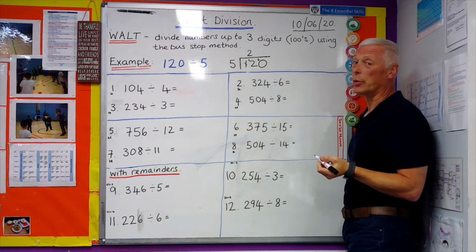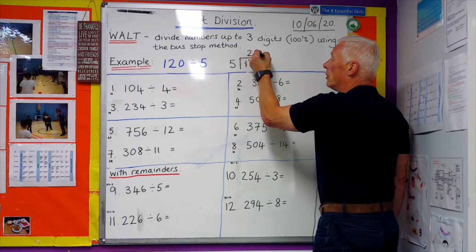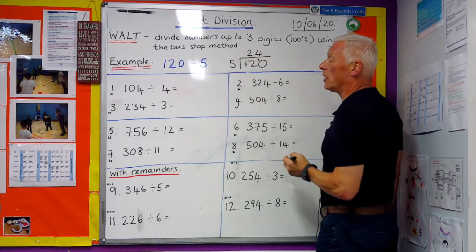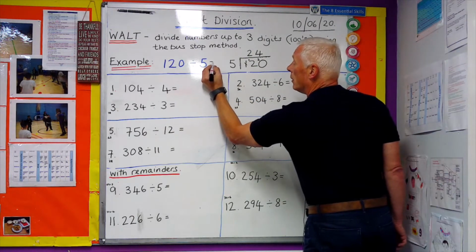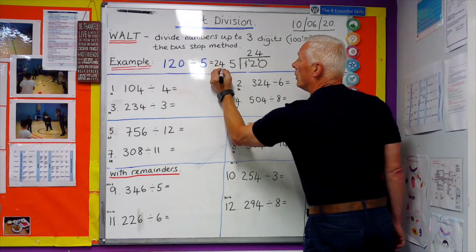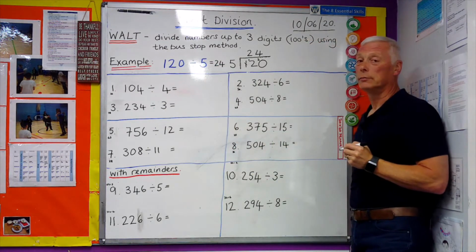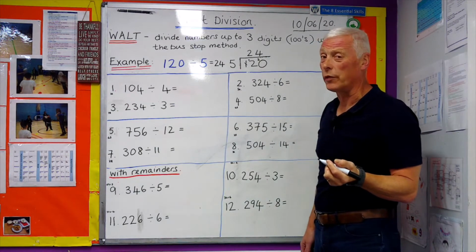How many 5s go into 20? And the answer is 4. So the answer to 120 divided by 5 equals 24.